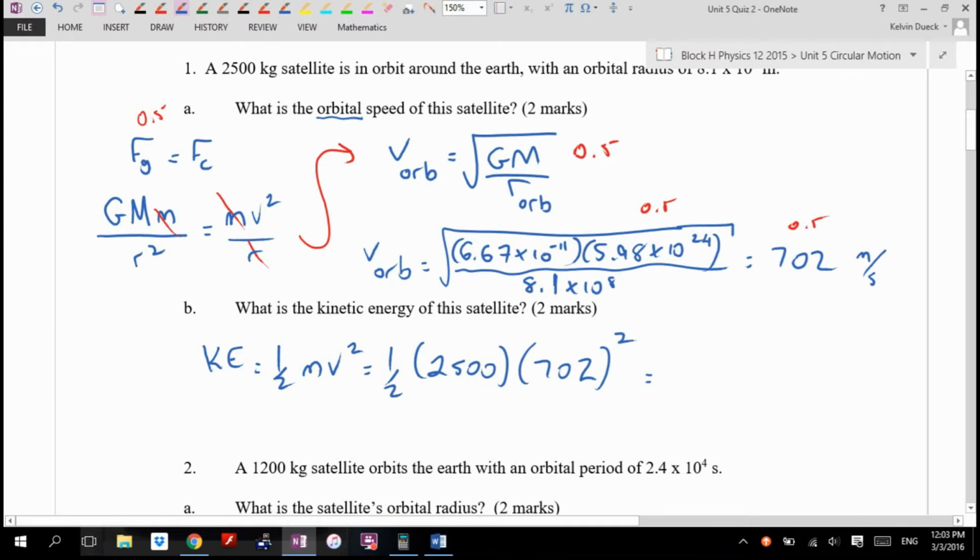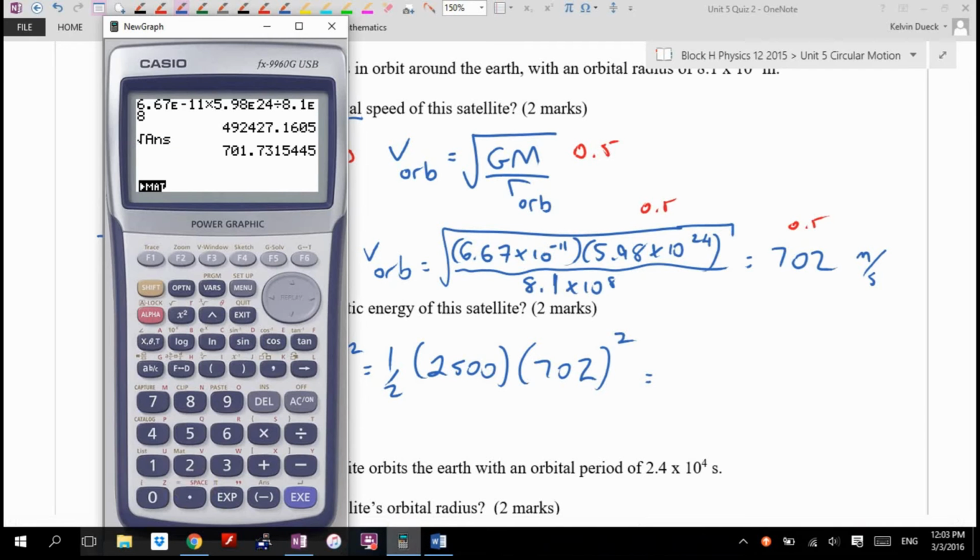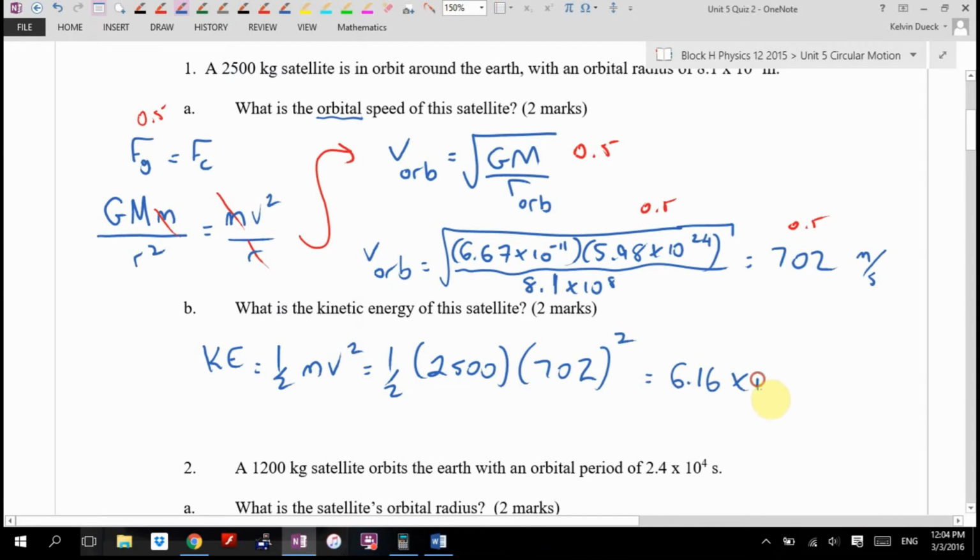Whatever answer you got there, if you dropped it down here and squared it and then multiplied it, I'll give you full marks, 2 out of 2 for that. 0.5 times 2500 times answer button squared, you get 6.16 times 10 to the 8. Is that right? 6.16 times 10 to the 8 joules, because it's energy. I would give you 1 mark for that, half mark for the numbers, half mark for the answer.